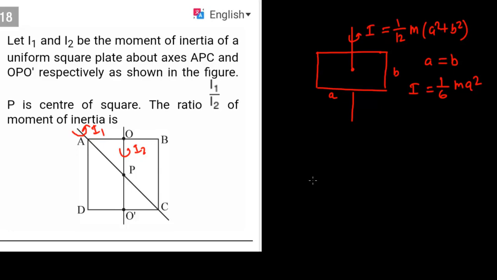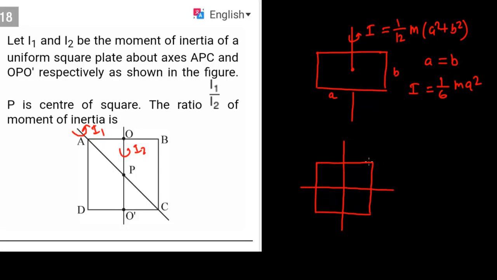Okay, now if I have a square here, I'm going to use the perpendicular axis theorem. I have one axis which lies in the plane of the square, and another axis which also lies in the plane of the square.